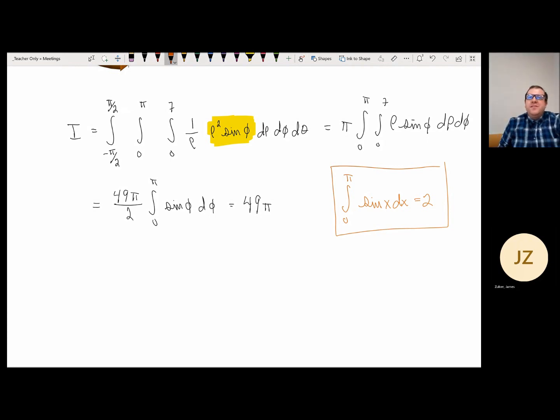Right, save yourself some time. I think that was the second easiest problem in this problem set.